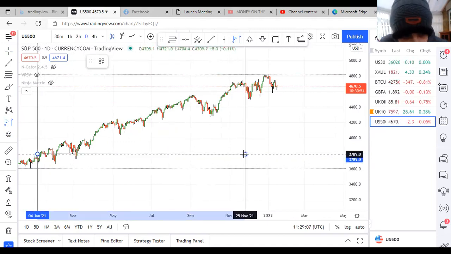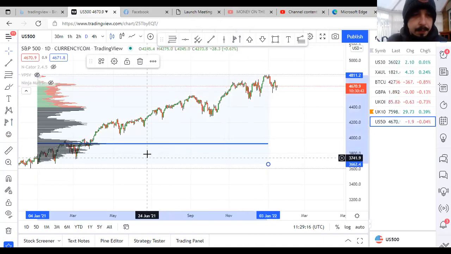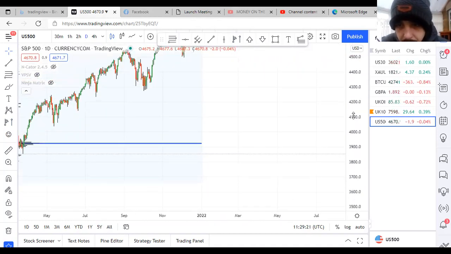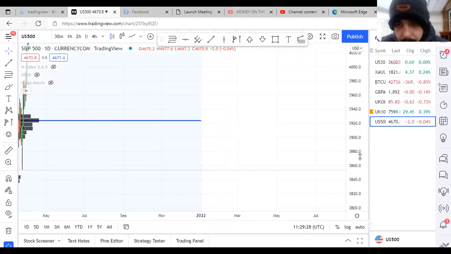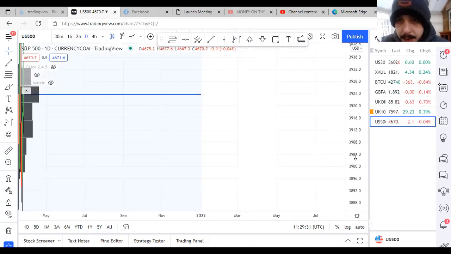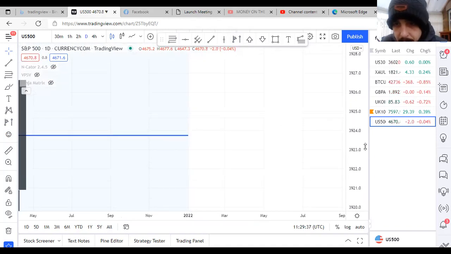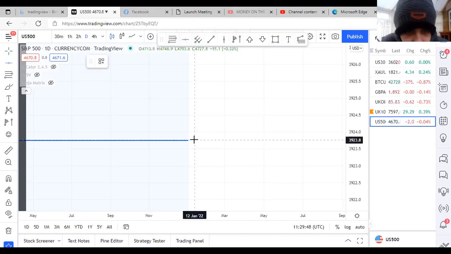I'd get a volume reading from the 4th of January till the 31st of December. And then we zoom in. Zoom in. All these, like I was saying previously, have to be precise. Precision is key. So we want a horizontal line.